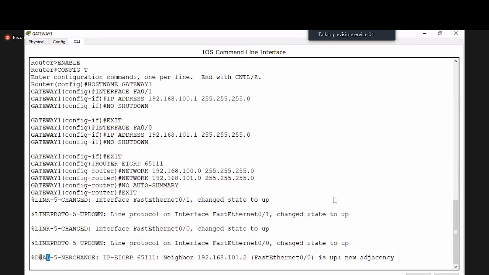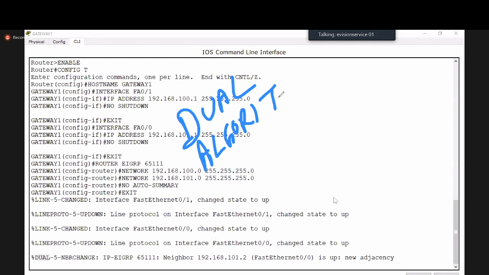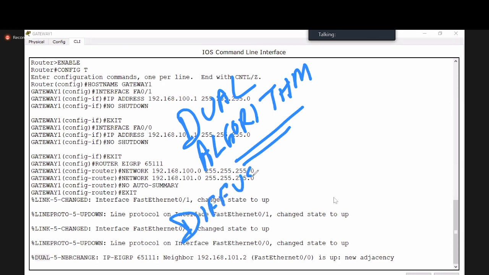But can you see this? DUAL. This DUAL is basically the algorithm that EIGRP uses. DUAL stands for Diffusing Update Algorithm.